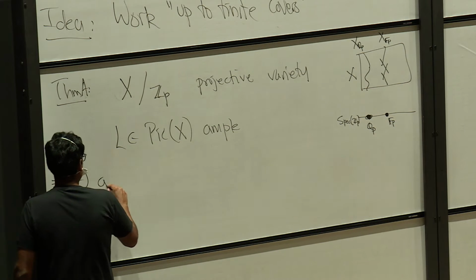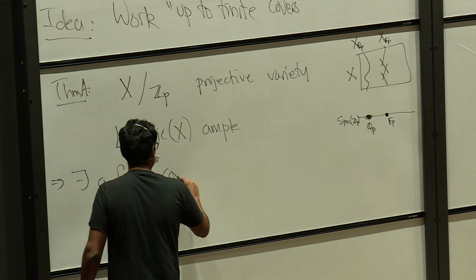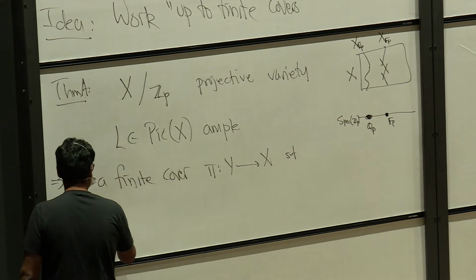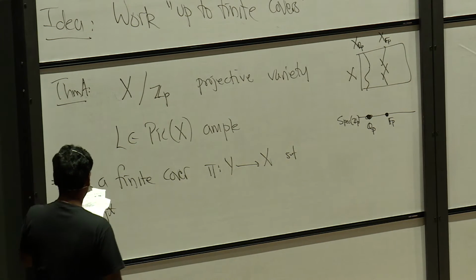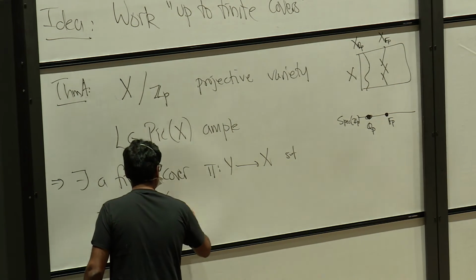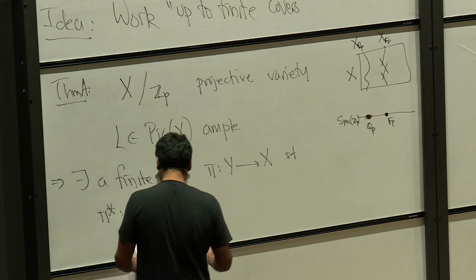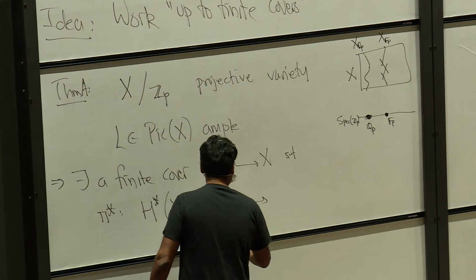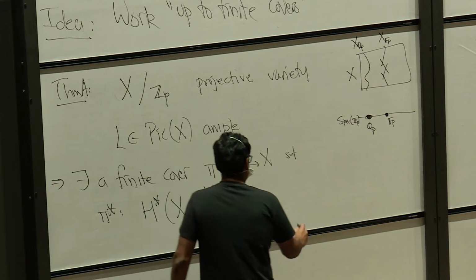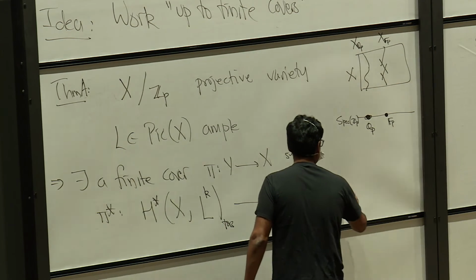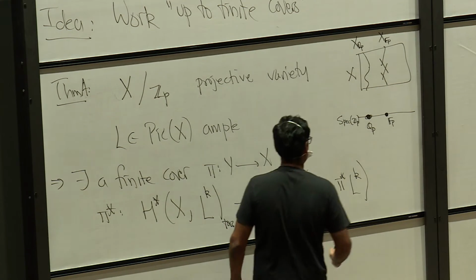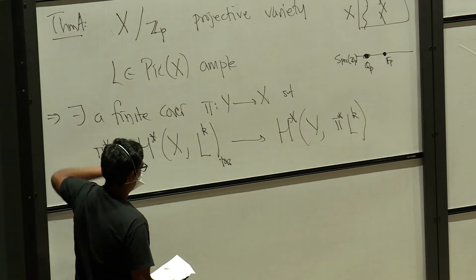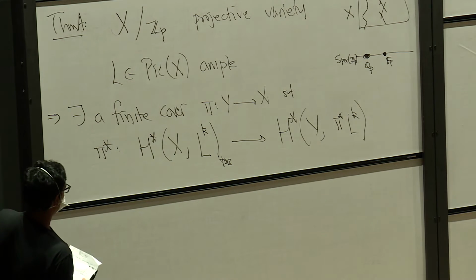So there exists a finite cover pi from Y to X such that if I pull back along pi, so this is a map that goes from the cohomology of X with coefficients in L^k, say, I'll say in a moment what k is, the torsion part of the cohomology, going to the analogous thing on Y. I guess I should try to fit the statement here to keep the theorem on one board.